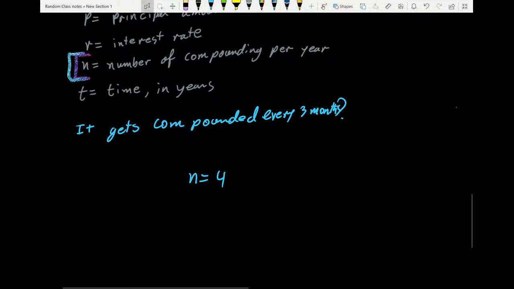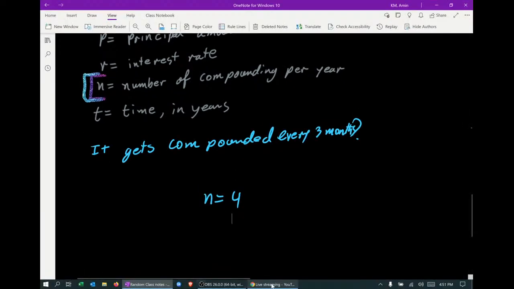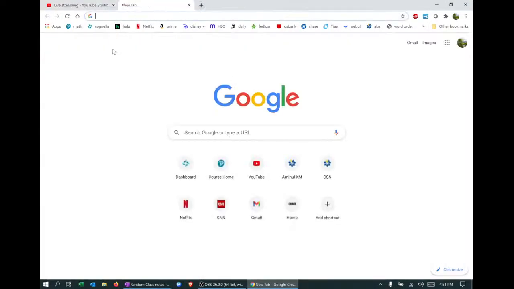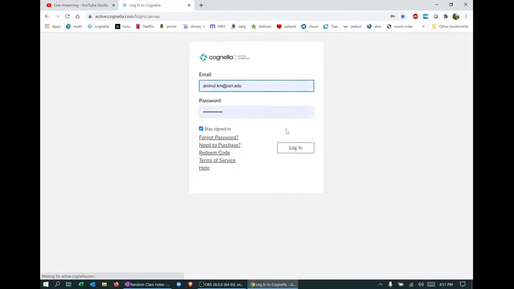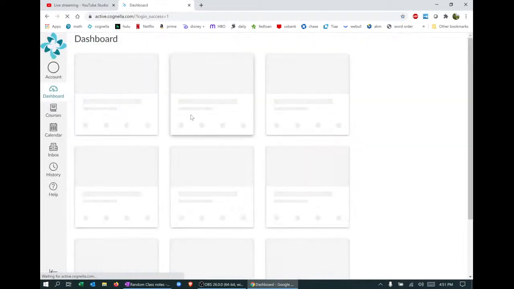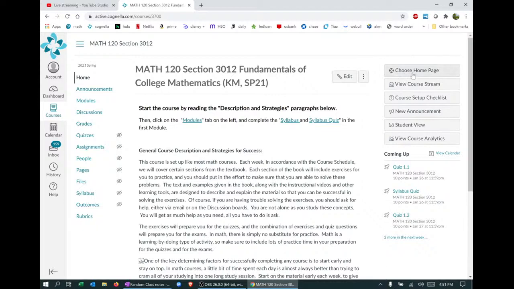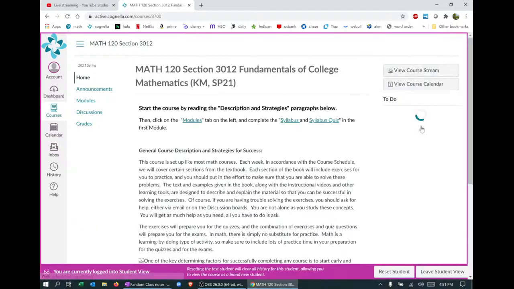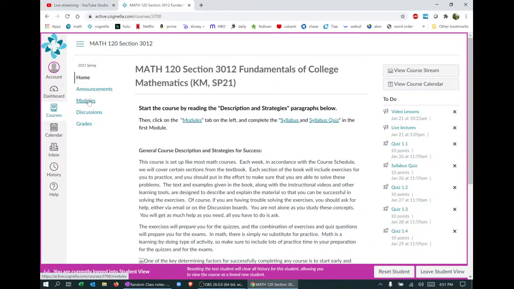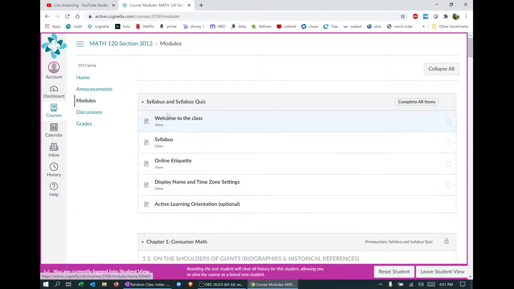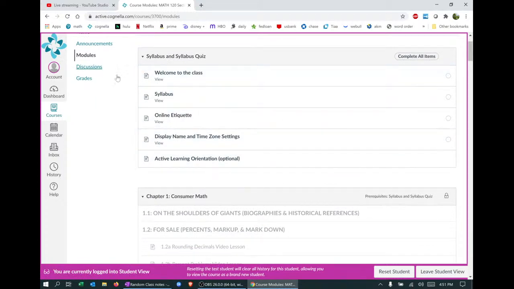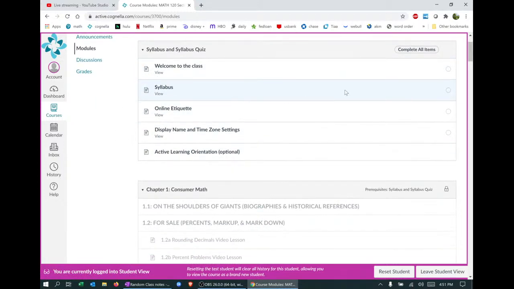Oh, okay. So let me show you. If you guys don't know where those modules are, I see some questions. Let me log into the Cognella, and go to student view so you guys could see it. Click on modules, and first of all, look at the syllabus and everything to open everything up.